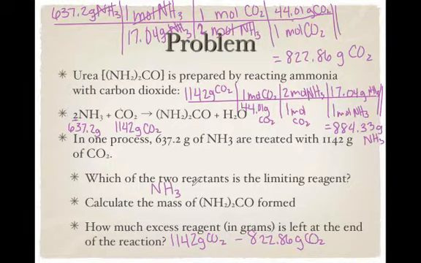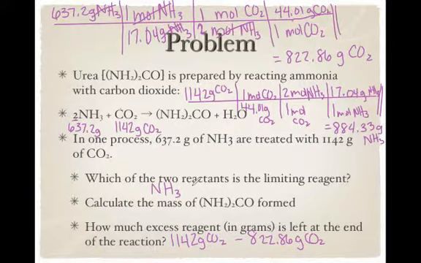Now, to do the second, the urea is a product. So which reactant determines how much product is formed? The limiting or the excess? The limiting. So in order to determine how much product is formed, we should use our limiting reactant because that determines how much product.